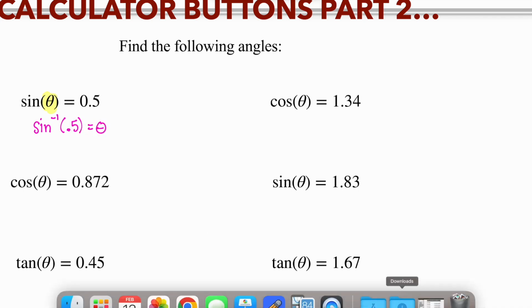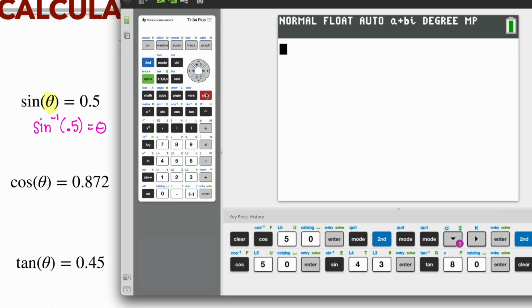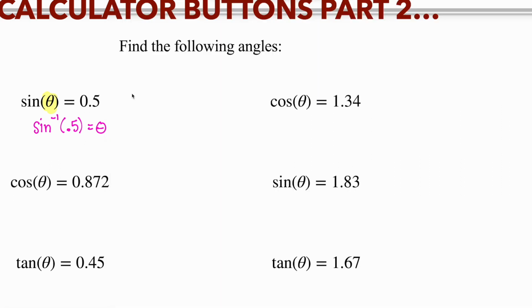And how you put that in the calculator is you're going to click second sine, and that actually is the inverse of sine of 0.5, and it will give you your answer of 30 degrees.